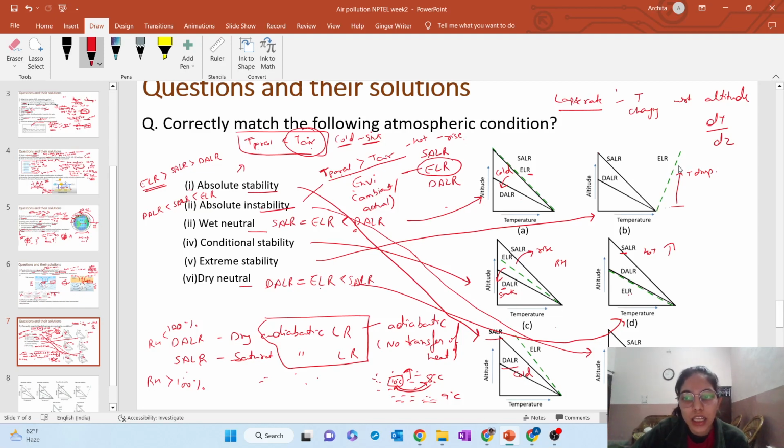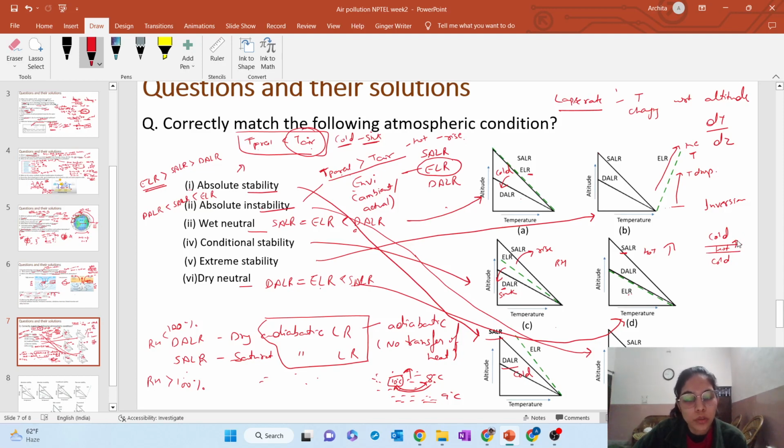Now, the ELR is showing a reverse trend. It means that the temperature is increasing. This shows an increase in temperature. Okay, so this is the condition of extreme stability, and it leads to inversion. Inversion is when hot air is sandwiched between two cold air layers.